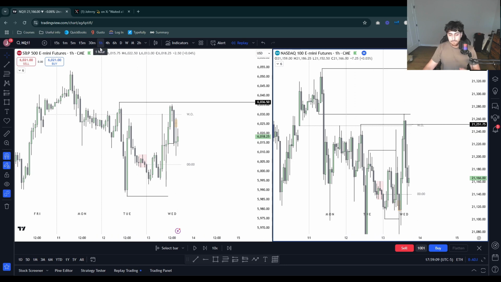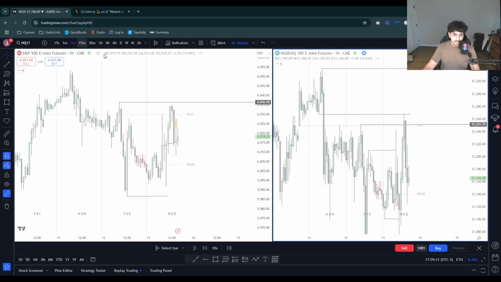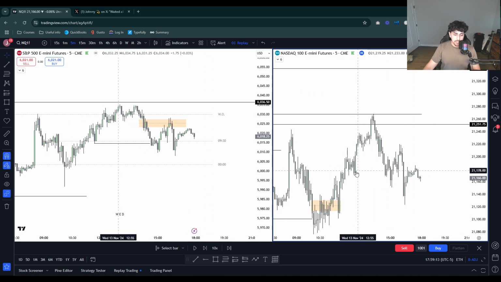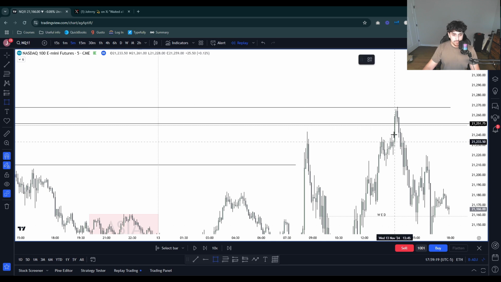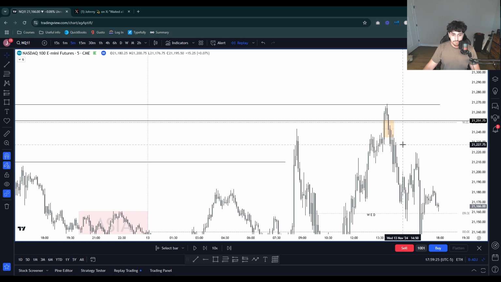Okay, so using time frame alignment, we want to go to the 5-minute chart, and then we want to start monitoring the fair value gap that actually broke the previous day high on the 5-minute chart. So if this ends up inversing, that's a good sign if we're looking for shorts, right? Because it's telling us the market is weak and that SMT divergence is going to be respected.